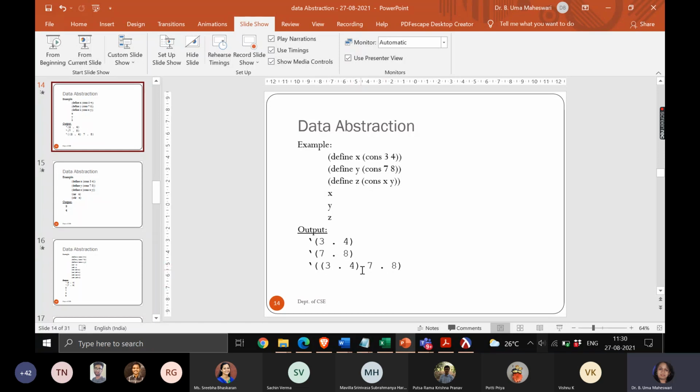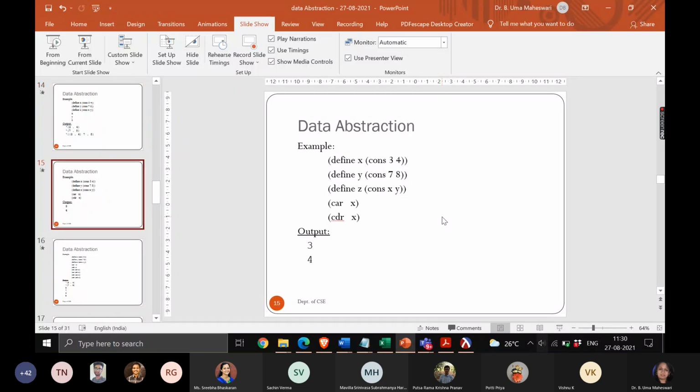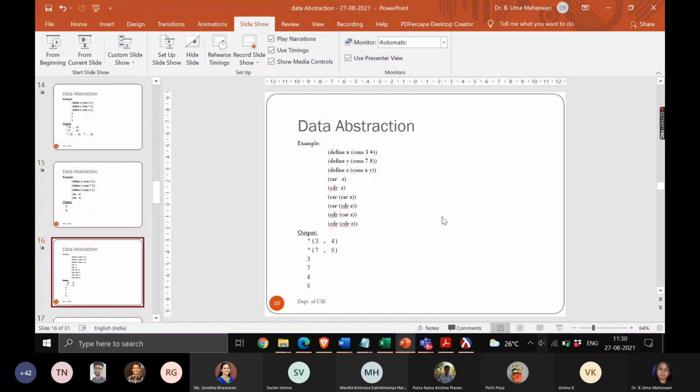Internally it is saved like this, but it is well aware that this is a list. That's why car of Z is 3, 4 and cdr of Z is 7, 8. It is always returning a list only.